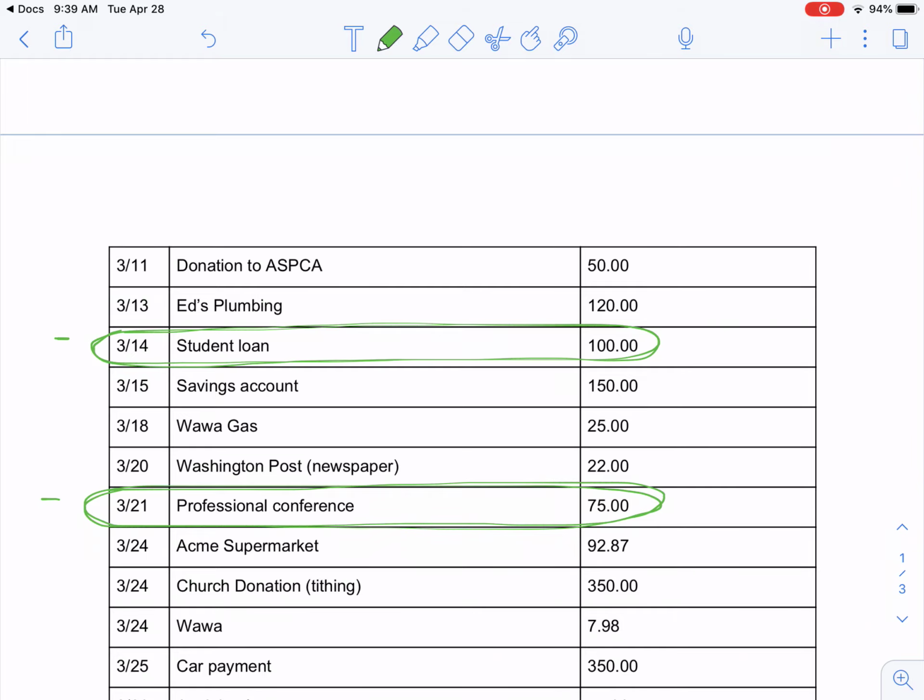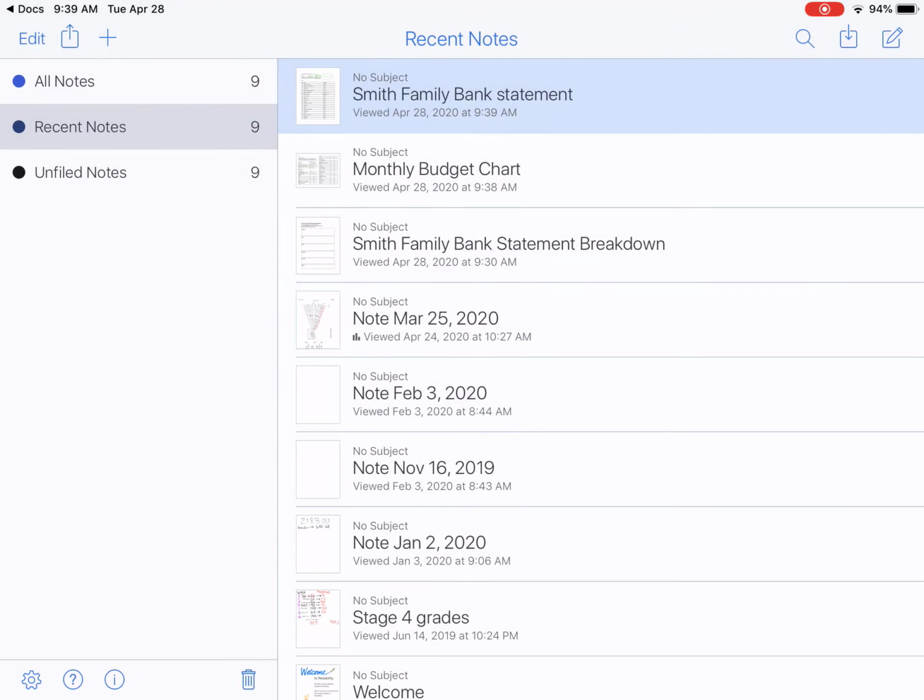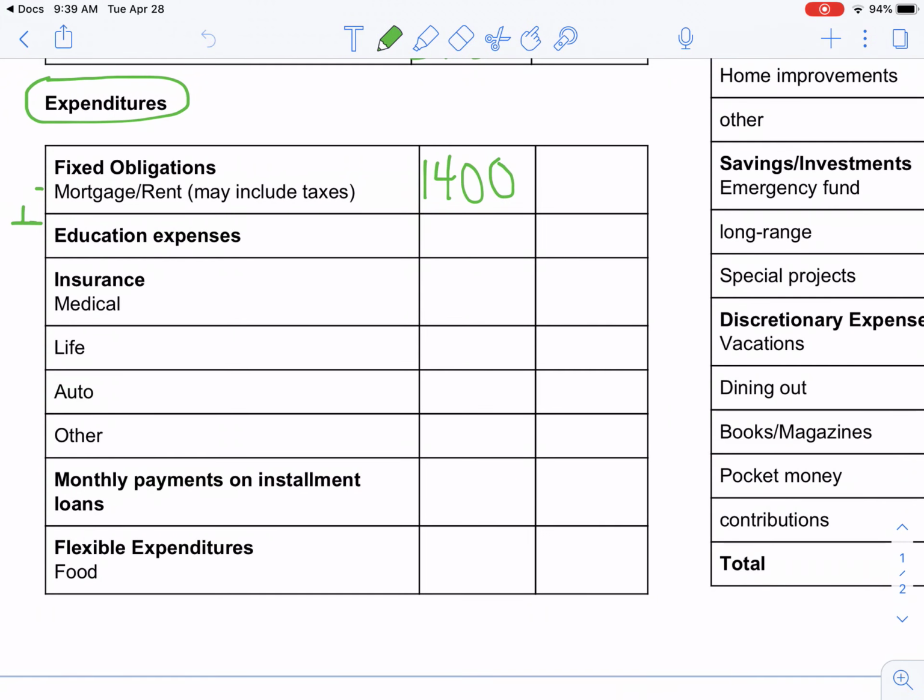So that would be a total of $175 for their budget. Now, that professional conference was a one-time thing, we're assuming.